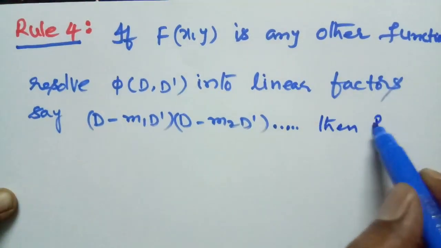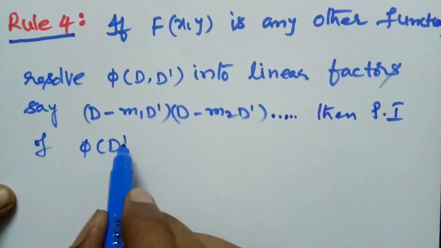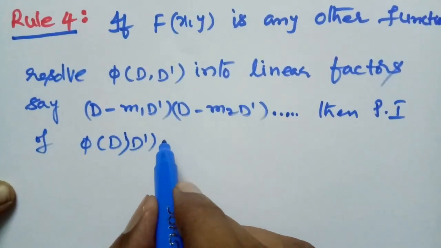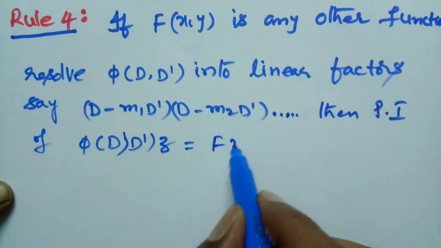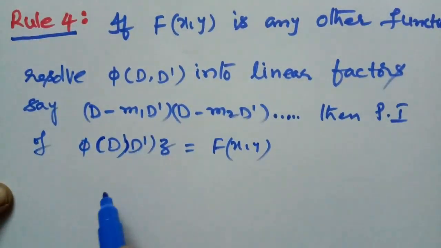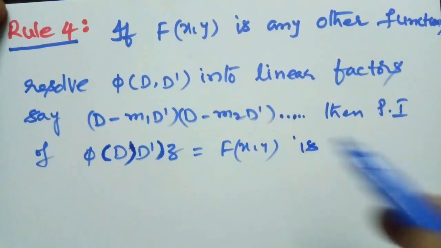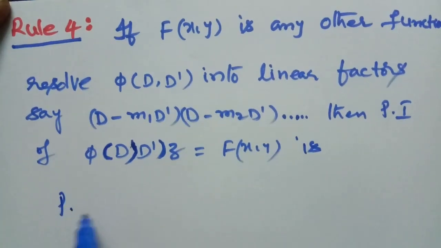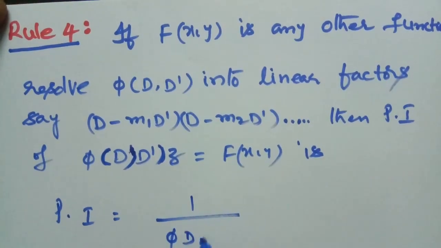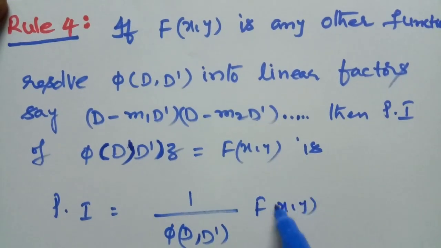Then particular integral of phi of D, D dash z is equal to f of x comma y is pi is equal to 1 by phi of D, D dash into f of x comma y.